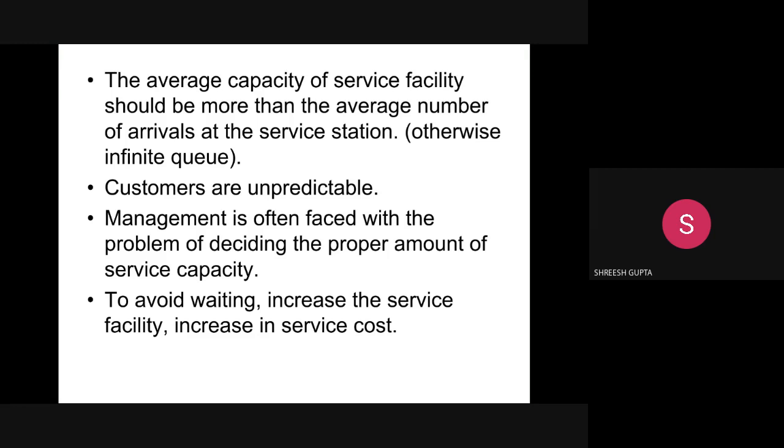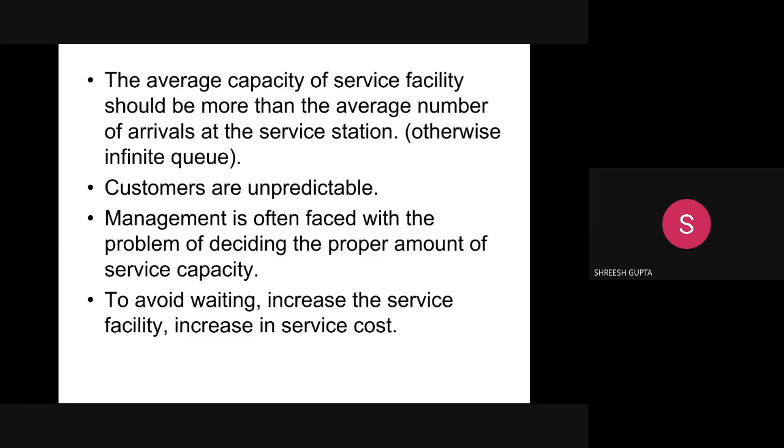When we are increasing the service facility, when we are adding an additional serviceman, he will take some wages, which increases the service cost. When you are installing a new ATM, it means you are adding new technology, again adding to the service cost.